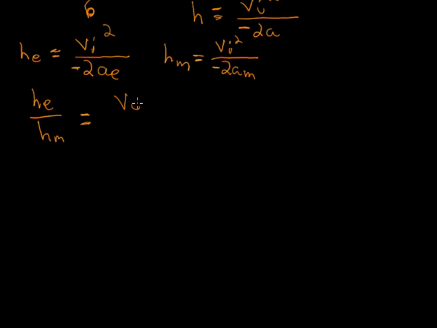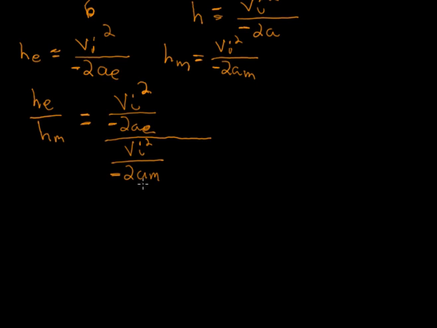All right, he divided by hm equals vi squared over negative 2a on the Earth divided by vi squared over negative 2am on the Moon.